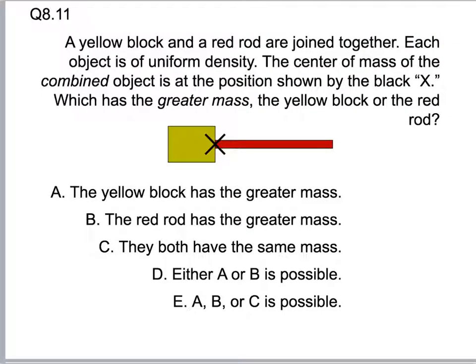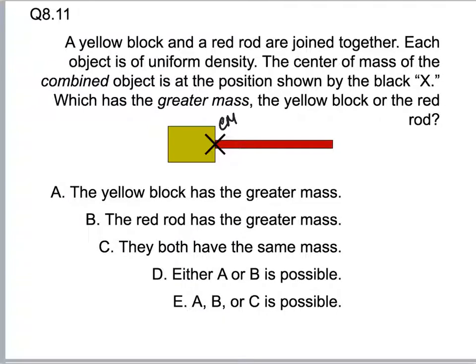So a similar question here: if you put two objects together and then we found the center of mass. We have the yellow block and the red rod joined together, and the X is where the center of mass is. They're asking you, does the yellow block or the red rod have more mass? One way we can think about it is, where is the center of mass of each individual object?